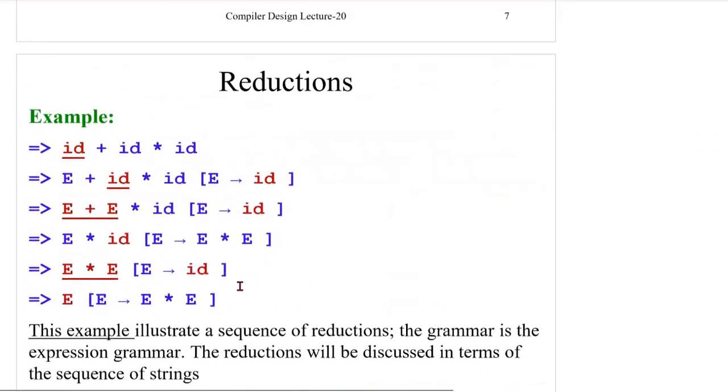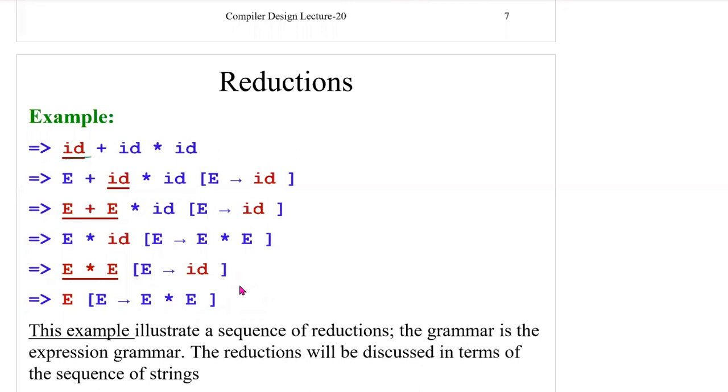Previous example only you can consider. So here we have taken the same string id plus id into id. Every time we underline one symbol in the string, that is substituted by the variable, that means the head of the production.